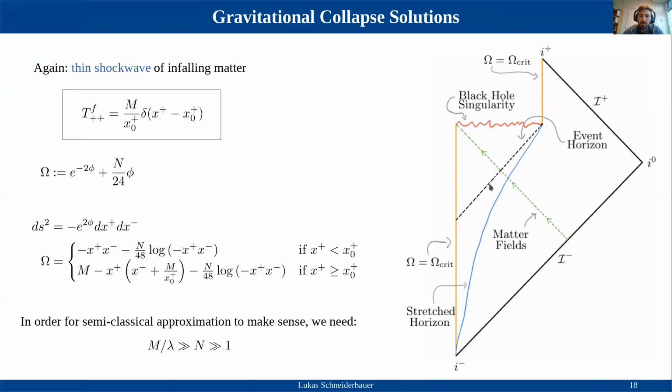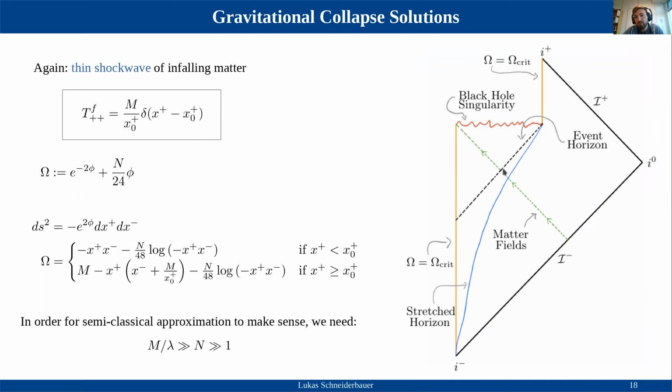But yet again, we have to be careful here, because in order for the semi-classical approximation to make sense, we need that the mass of the black hole, m, is much larger than n, and also n should be very large, to have this approximation in the first place. Inevitably, when the black hole evaporates, it becomes smaller and smaller.